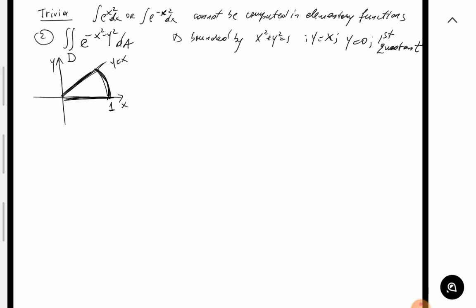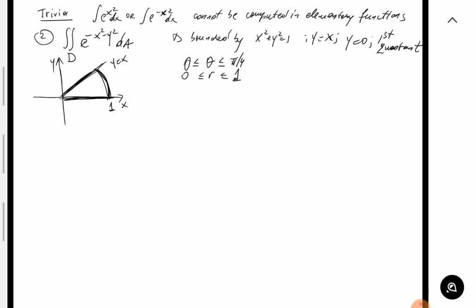So 45 degrees, which means the bounds for the polar angle are between 0, starting from the positive semi-axis, all the way to pi over 4. And for any given theta, the bounds for the polar radius go from 0 to 1 on the circle.